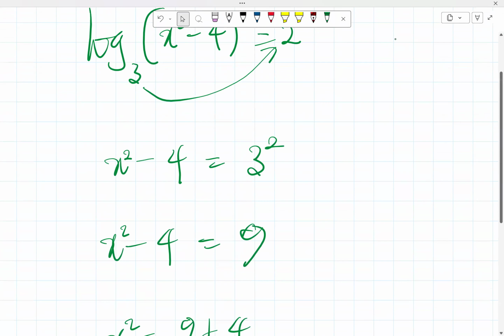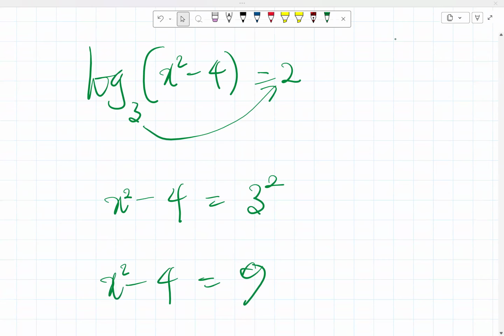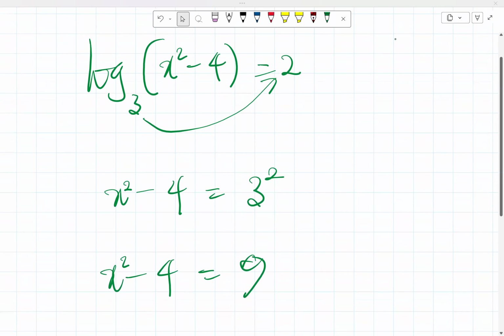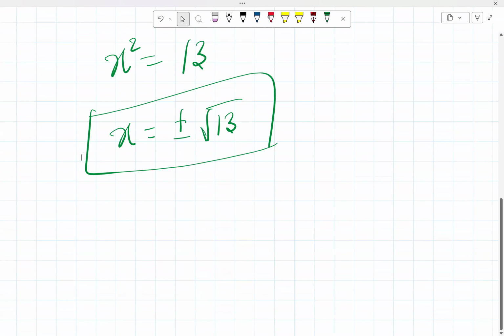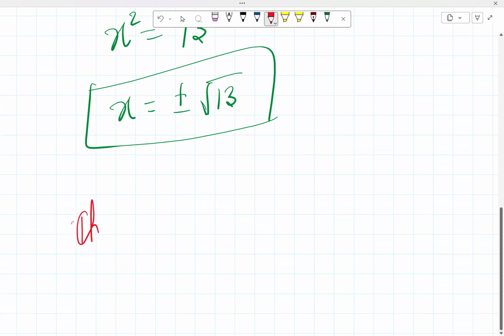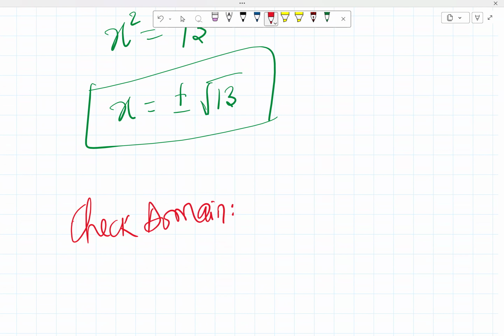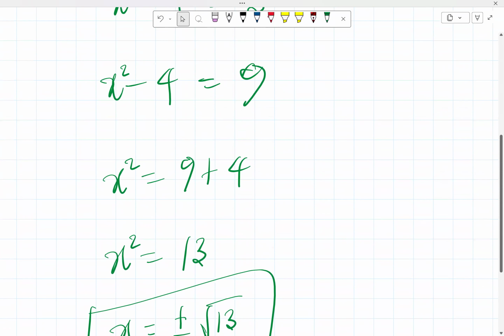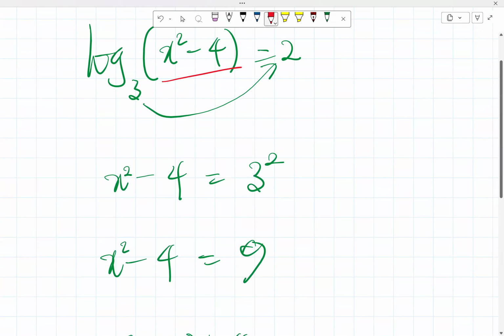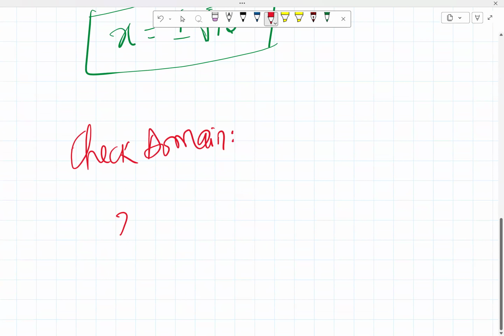Now, but are those solutions admissible? That's the next thing we need to worry about. So we check the domain. To check the domain, we just take the argument, x squared minus 4. It has to be greater than 0.